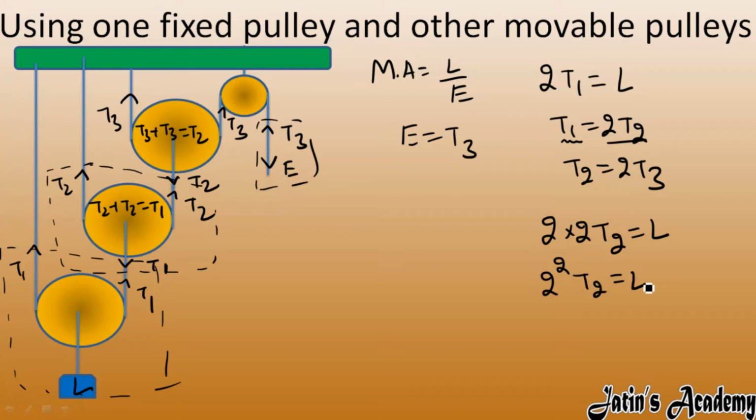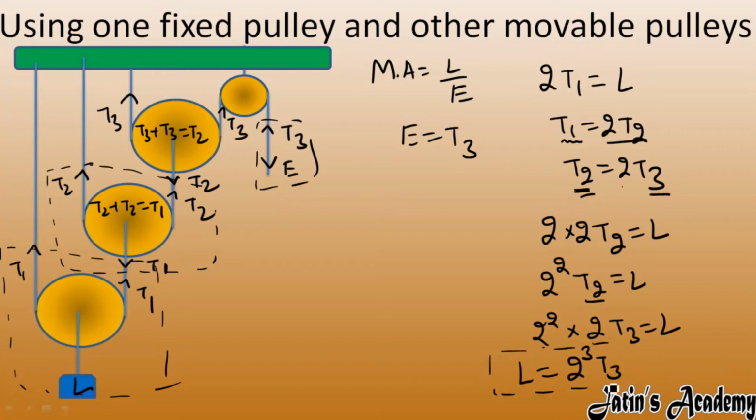Now we know that T2 is equal to 2 times T3. Put the value here, T2 as 2 times T3. Clear? So the load value we got is 2 raised to power 3 into T3.